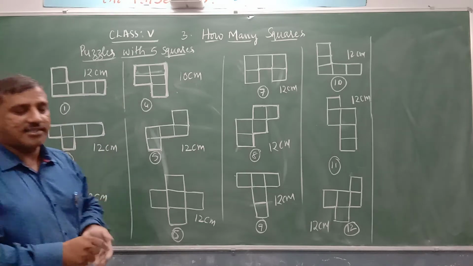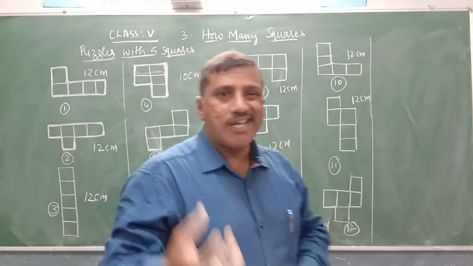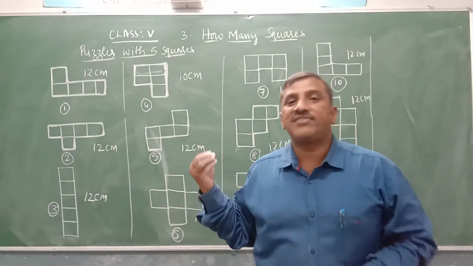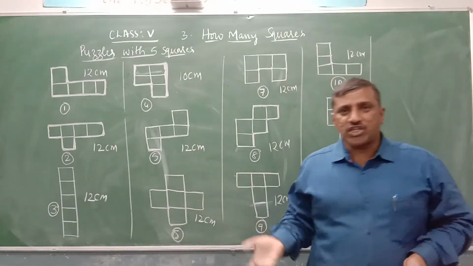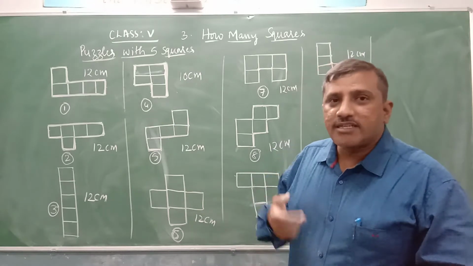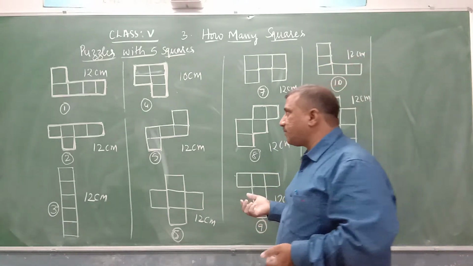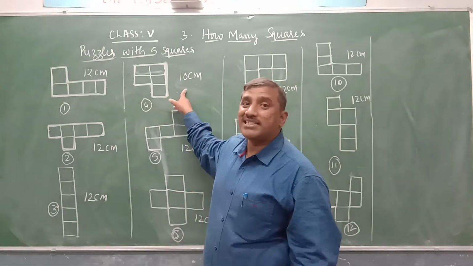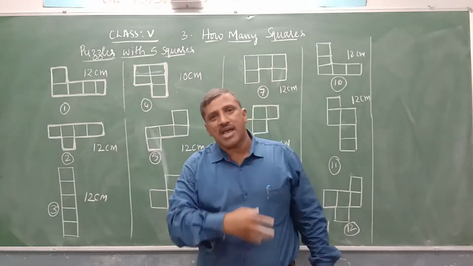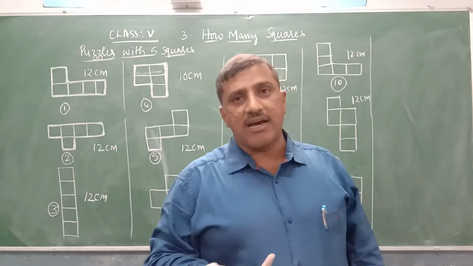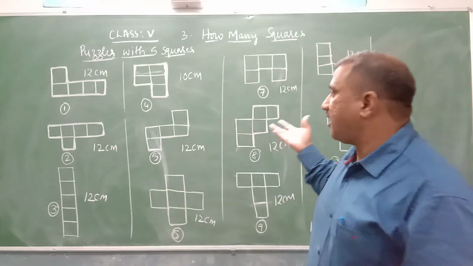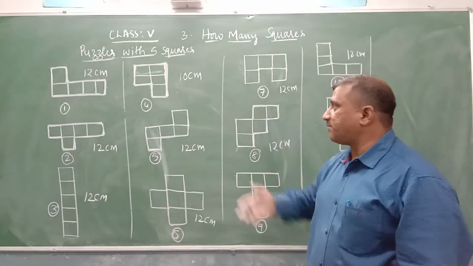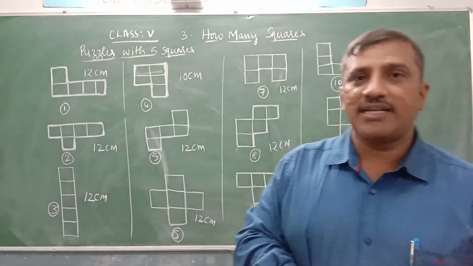So we can conclude that though the areas of all shapes are the same, they have different perimeters. Which shape has the smallest, shortest perimeter? It is shape 4. And how much is it? 10 centimeters. Which shape has the longest perimeter? All the shapes except shape 4 have the longest perimeter, which is 12 centimeters.